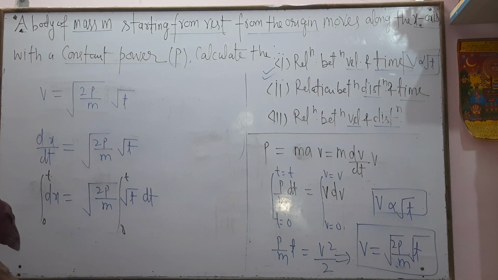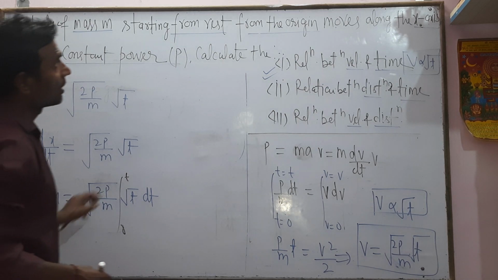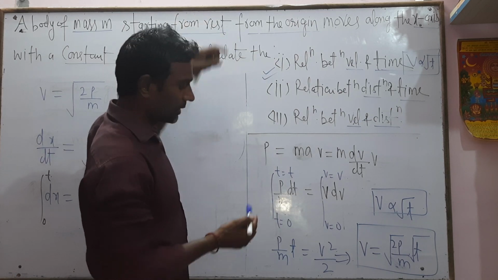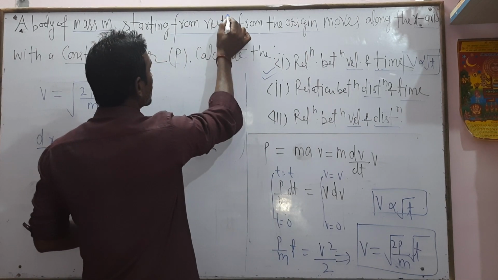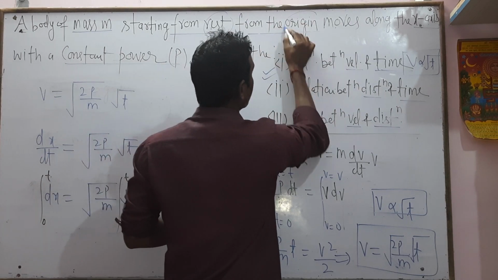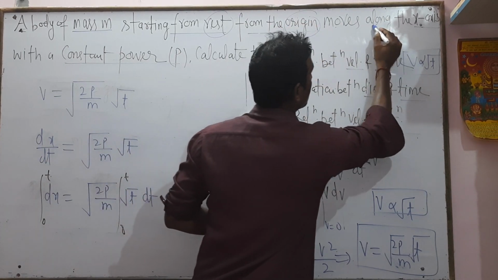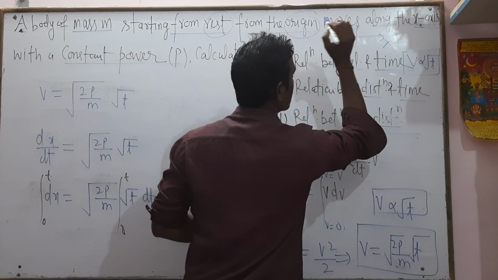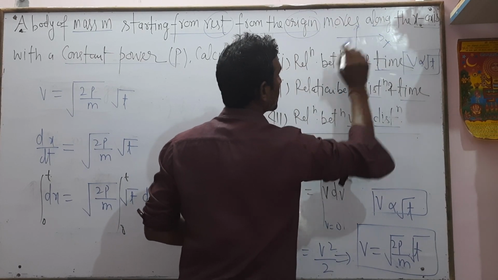How can you say that at time t equals 0, displacement equals 0? Because in this question they have given that the particle moves from rest and moves from the origin along the x-axis. So this is the x-axis, let us suppose the plus x-axis.